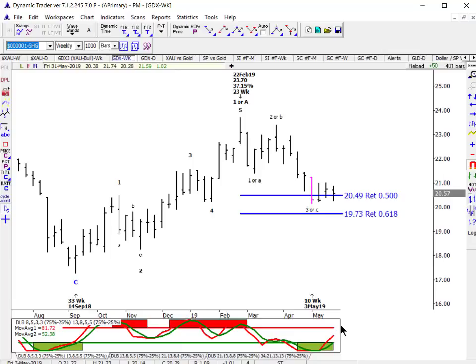So the key in the lesson, one of the lessons at least in today's video, is what can the market do to indicate that this indeed is a completed corrective low and not a 1, 2, 3 and making a wave 4 correction with a continuation of the bear trend? What can the market do?